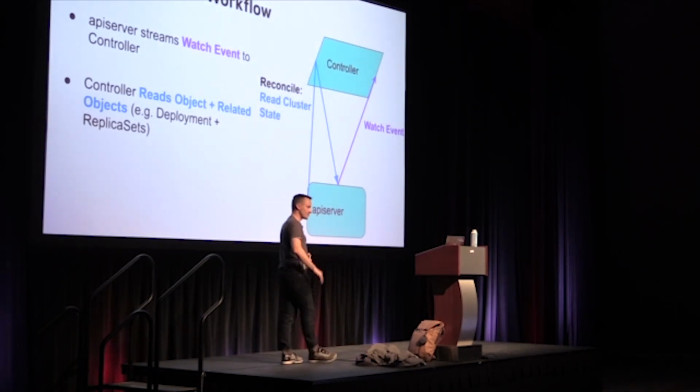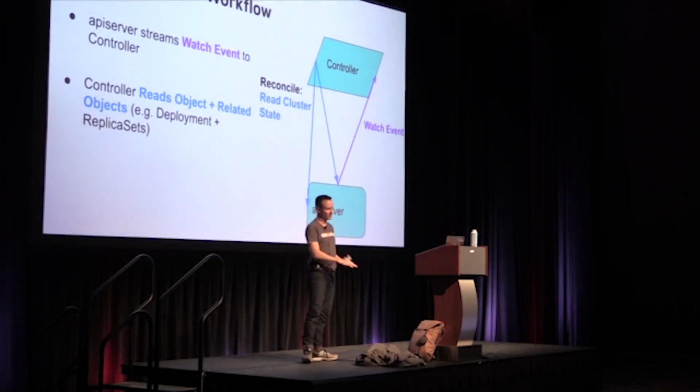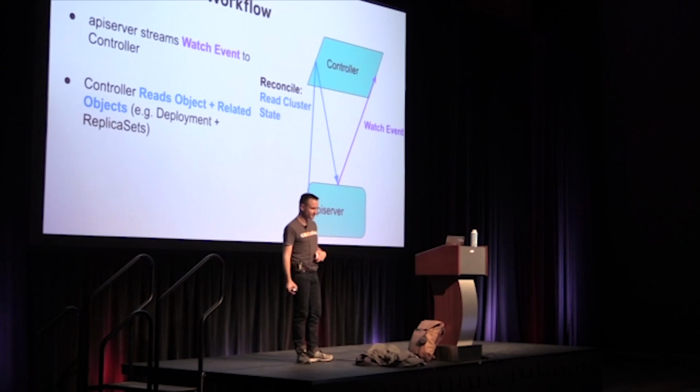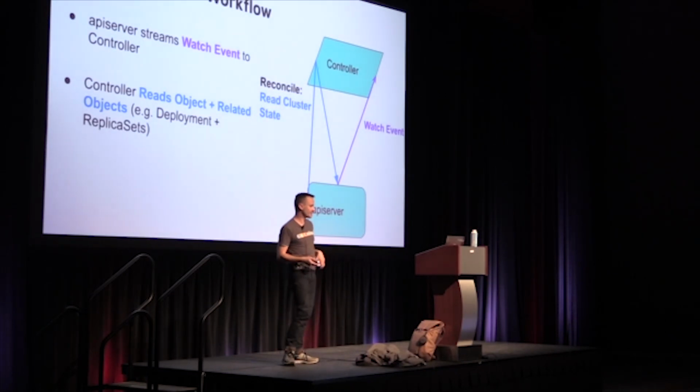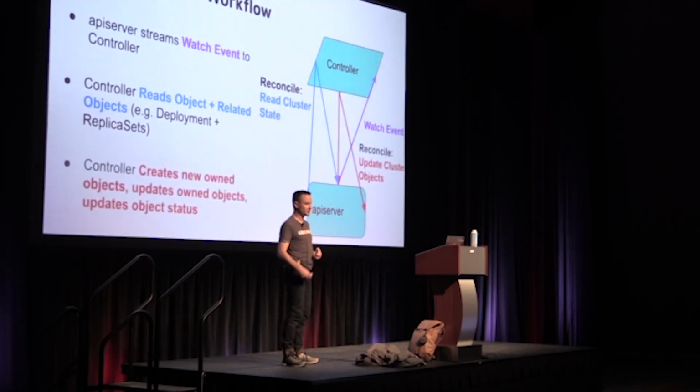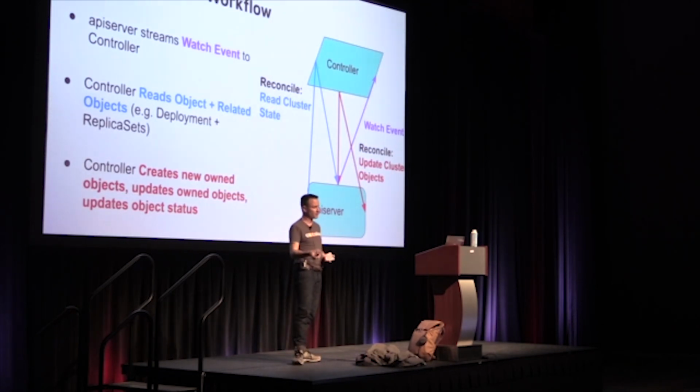Controller then goes and reads the cluster state, so the deployment and the replica set, and sees what's actually there. That is the replica sets, and compares it to what the deployment thinks should be there. And then it's going to go make some changes. Those changes may be just updating the status to say this is what the current deployment status is. Or it could be creating replica sets or updating them or deleting them or these sorts of things.